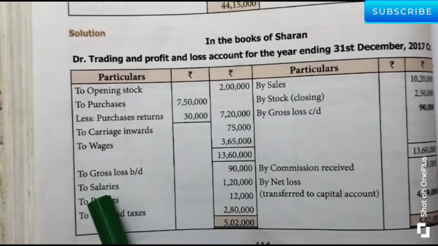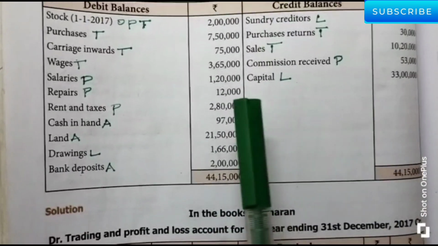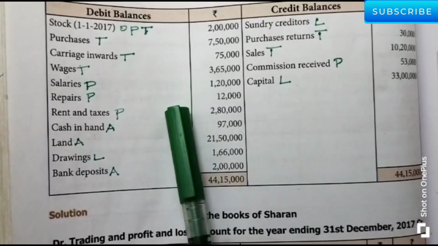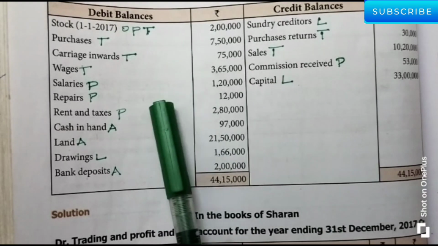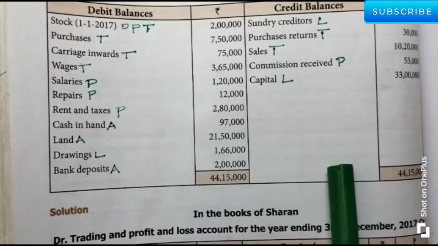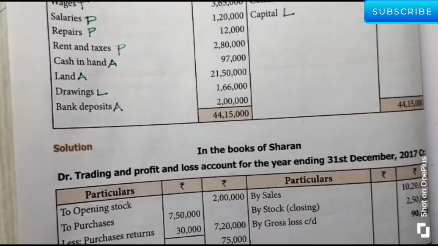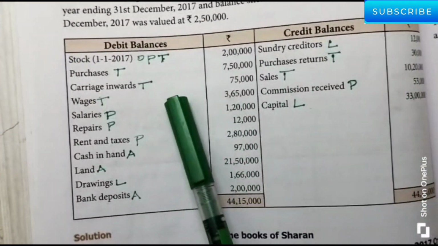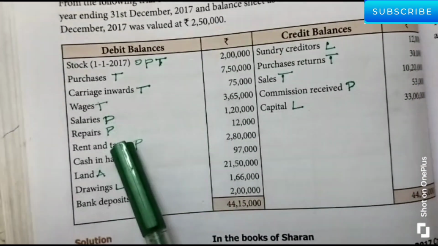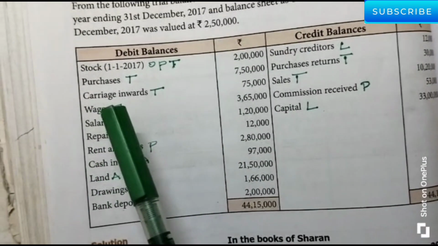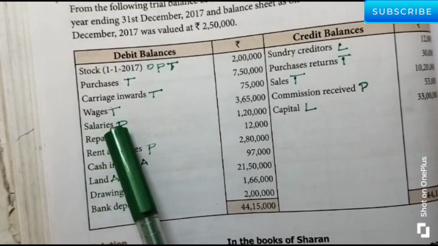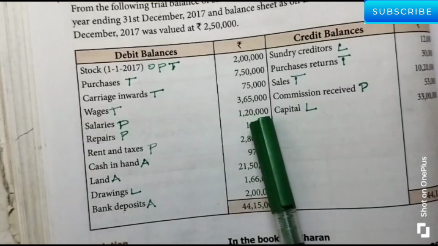Then only, according to the given information in the question, you will enter the items related to the profit and loss account, after the gross loss. Letter P means profit and loss account related items. Listen here. Salaries 1,20,000.